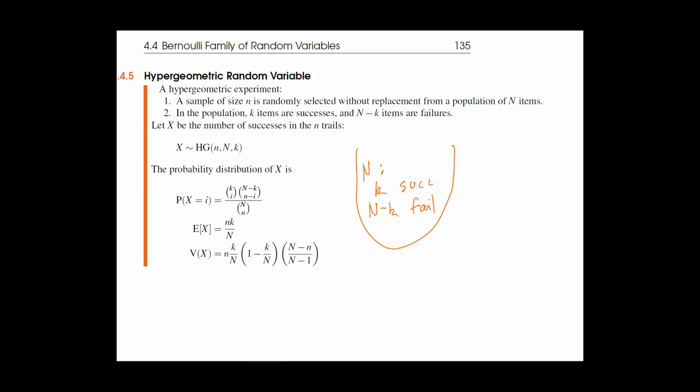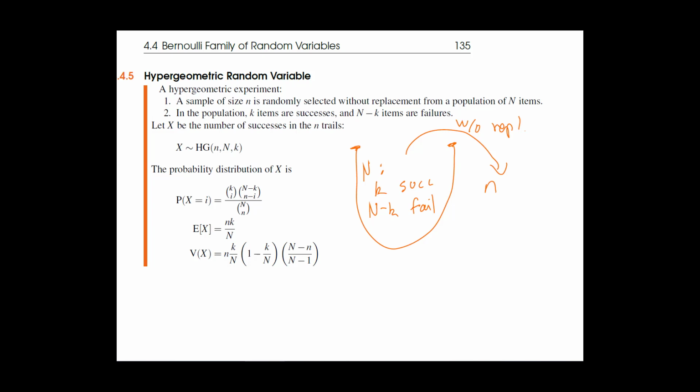From this urn, you're going to sample or take n items, but without replacement. So you pick these n items, so these are your n trials, and inside the urn there are k successes and N minus k failures.